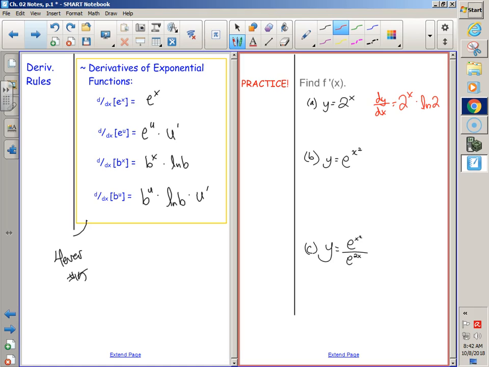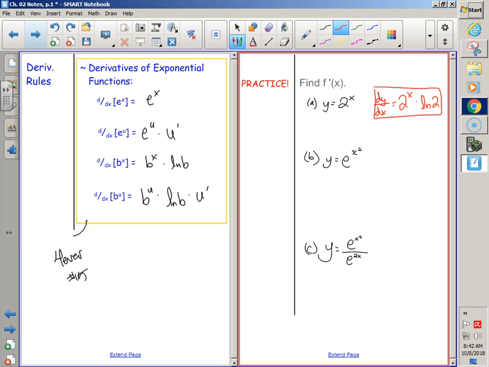Check the rule. Derivative of e to the x is e to the x. Derivative of 2 to the x is 2 to the x, ln of 2. We can think boolimbu. Derivative of b to the u is b to the u, ln of b times u prime, and x prime is just 1.